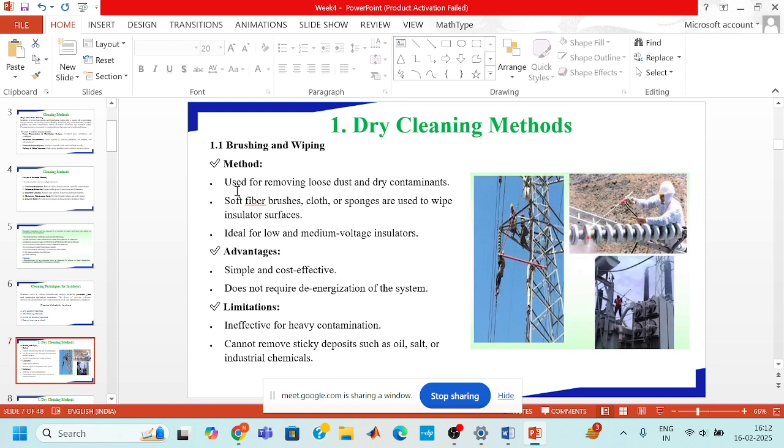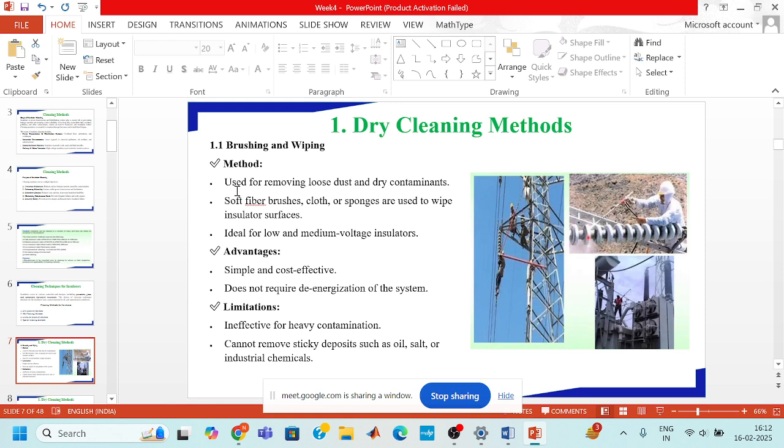In dry cleaning methods, first is brushing and wiping. As you can see in the figure, the insulators are cleaned by large pressure water, and the method is used for removing loose dust and dry contaminants. Soft fiber brushes, cloths, or sponges are used to wipe the insulator surface, and it can be used for low and medium voltage insulators.